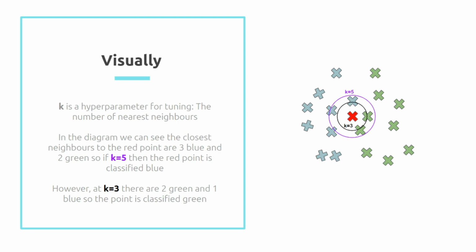However, if we chose k equals 3, the 3 nearest objects to our red cross are 2 green crosses and 1 blue cross. At this point, our unknown object would be classified as green by the model. In practice, we would run through a range of different values for k, compare the outputs and success metrics, and use that to choose the value for our final model.